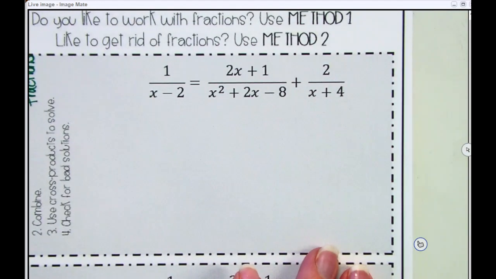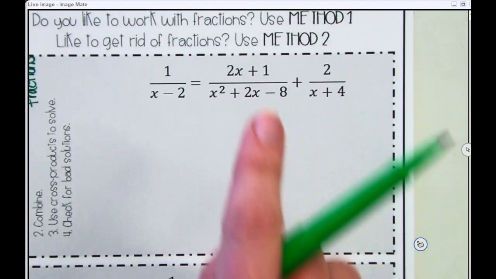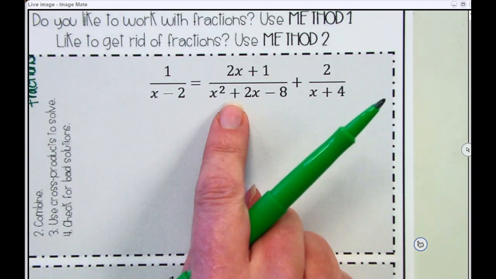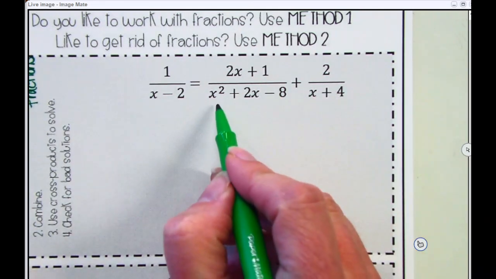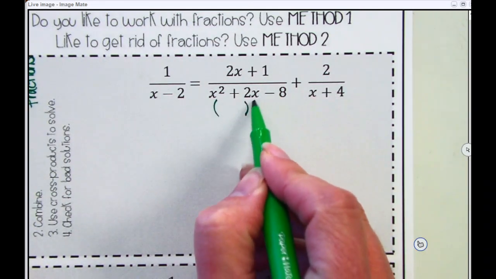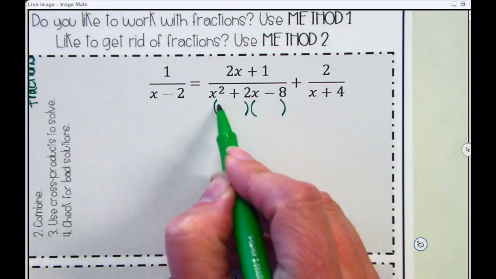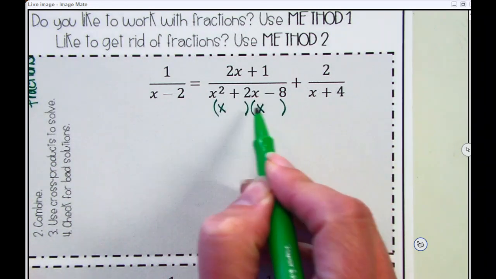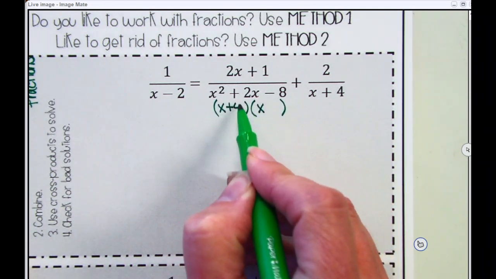All right. What do you think we're going to have to do to that denominator right there? We're going to need to factor it. So I need two numbers that multiply to be -8, add to be 2. 4 and -2.